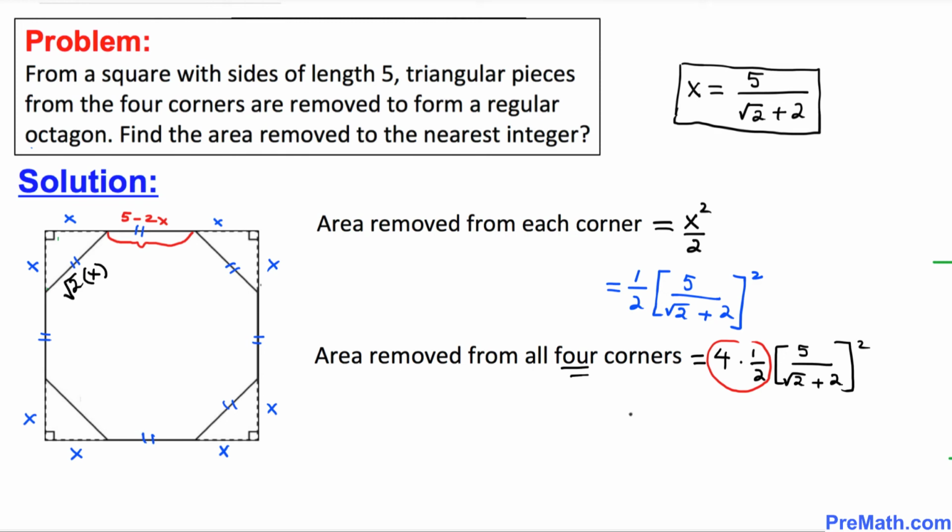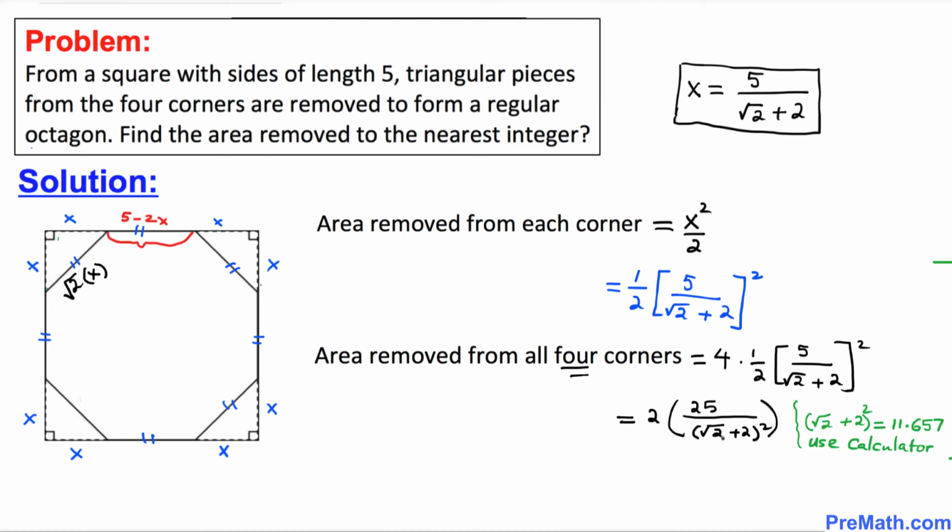So I can write 2 times 5 squared, which becomes 25 on the top, divided by this whole thing, square root of 2 plus 2 squared. Using a calculator, the denominator turns out to be 11.657.